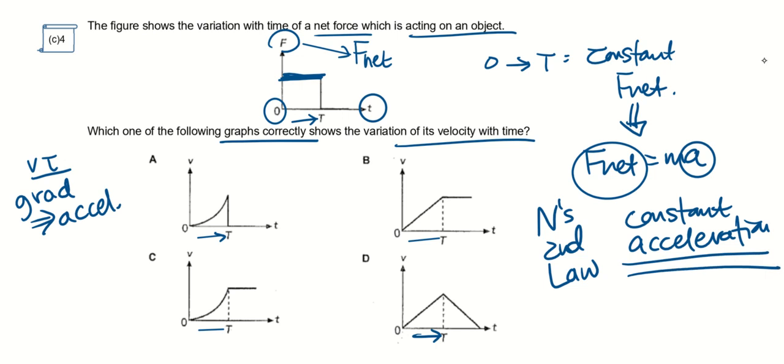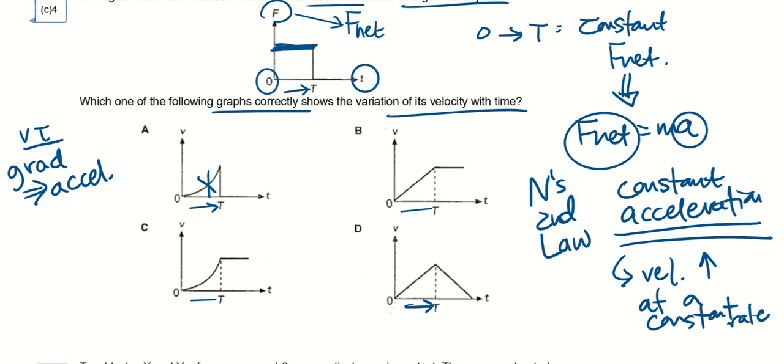When there's constant acceleration, it means that the velocity increases at a constant rate. Therefore, A is out because it didn't increase at a constant rate. It increased at an increasing rate, gentle to steep. So B will be correct, C is incorrect also, D will be correct.